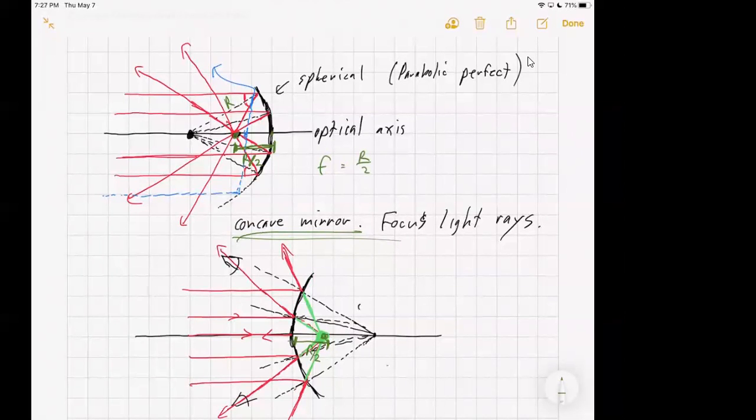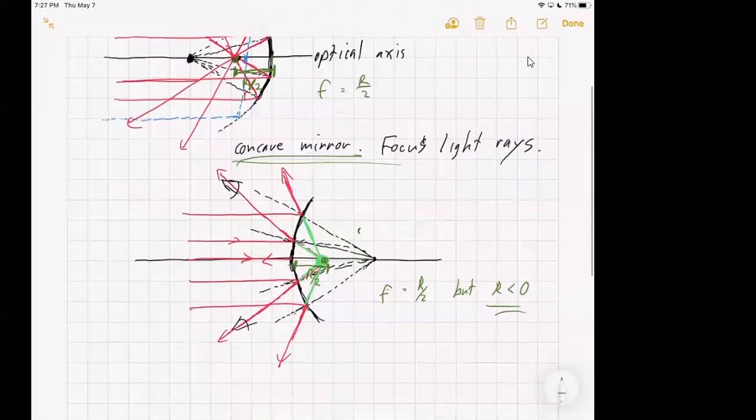In this case, we say that we have a negative focal length. Actually maybe it's still r over 2, but it's a negative radius of curvature. So this gives us a negative focal length.